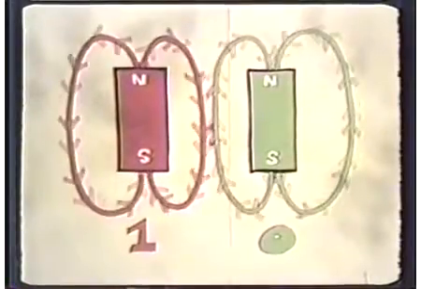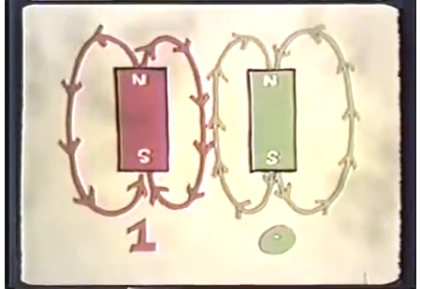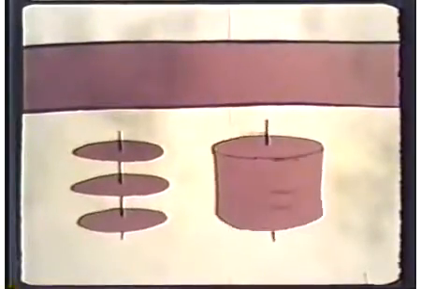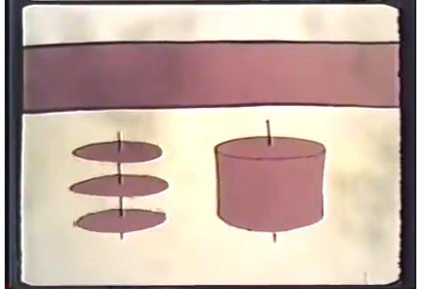A positive or negative magnetic field. A positive or negative spot on a magnetic tape, disc, or drum. The presence or absence of a hole in a punched card.